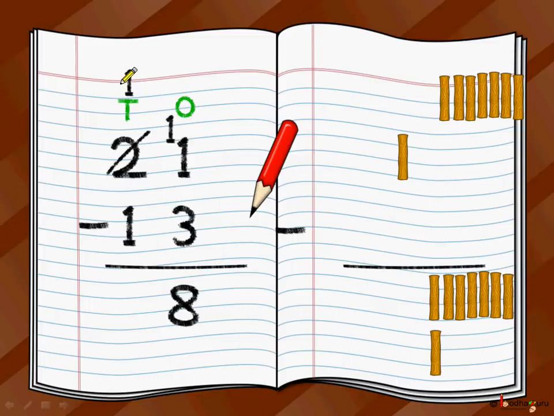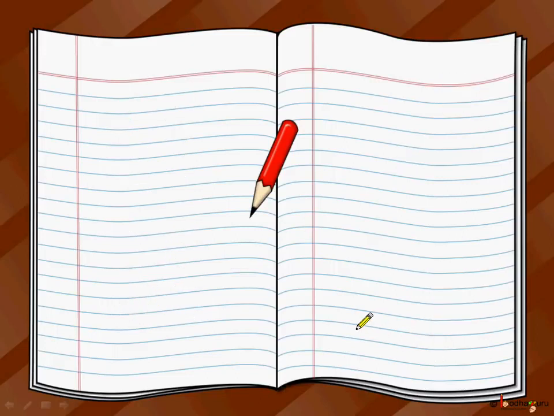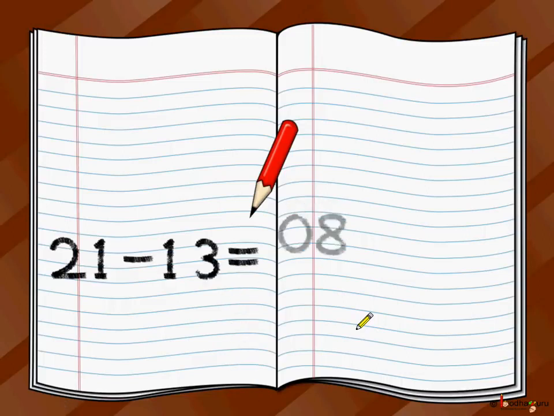So now you do 1 minus 1 is equal to 0. So finally 21 minus 13 is equal to 08, or here you can say 8 sticks. 21 minus 13 is equal to 08 or 8.